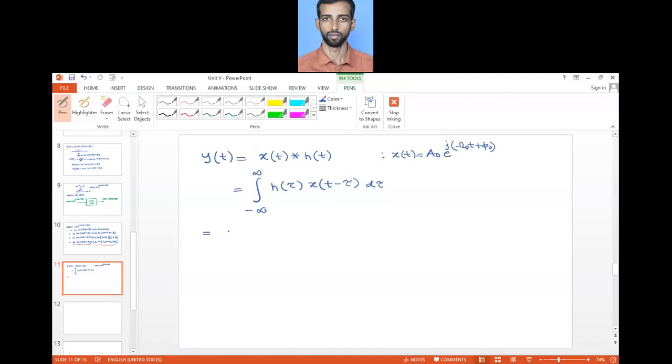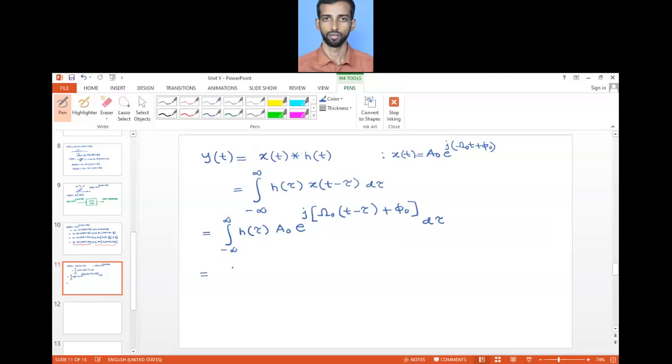So this gives rise to the integral from minus to plus infinity of h of tau, then a naught e to the power j omega naught (t minus tau) plus phi naught, d tau. Now this integration is carried over tau. So whenever you find a constant which is independent of tau, you can always take it outside.